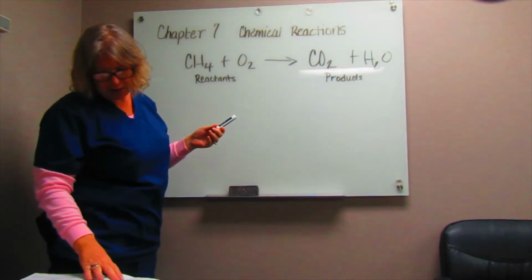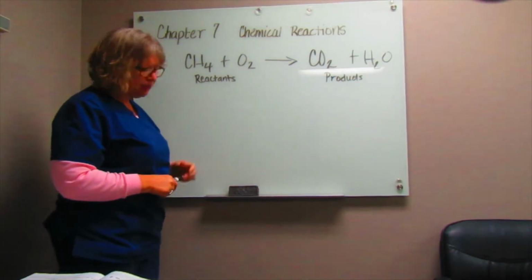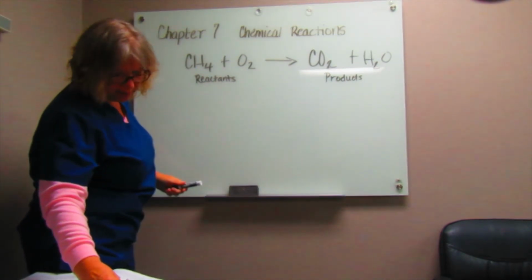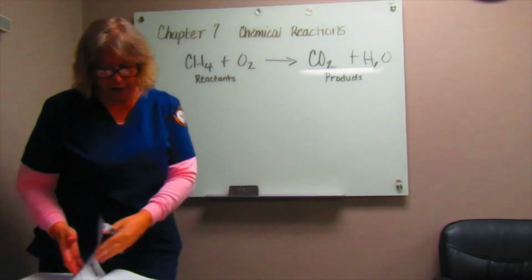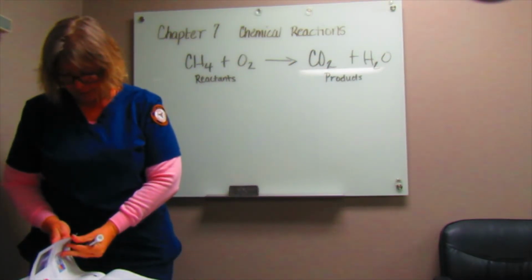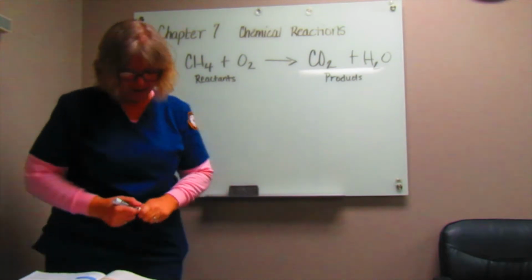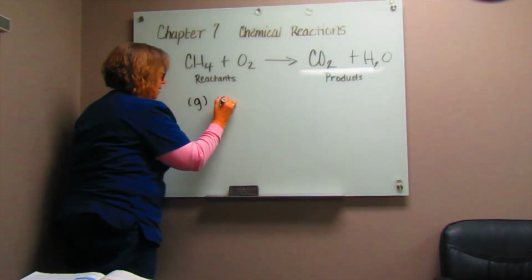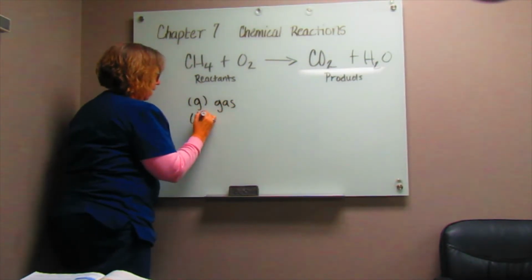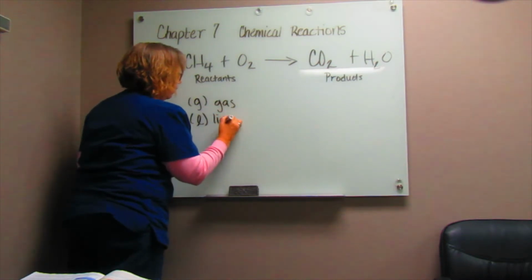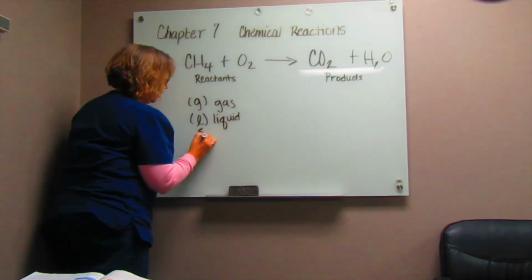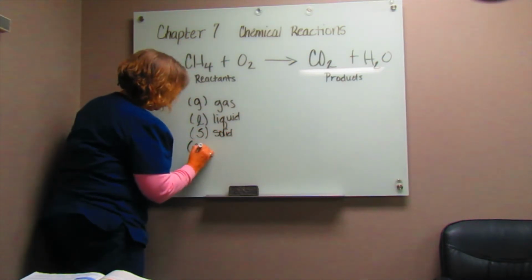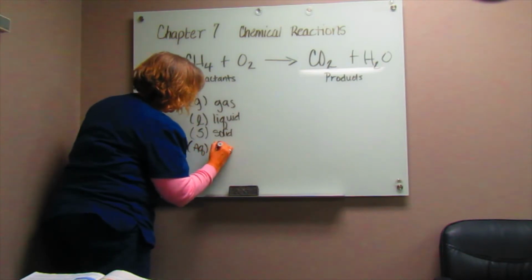But before we can do that, we need to be able to identify the different states of each compound in this equation. So when you are writing out equations, you need to be able to identify gases, which is a G. G is for gas, L is for liquid, S is for solid, and AQ is for aqueous.